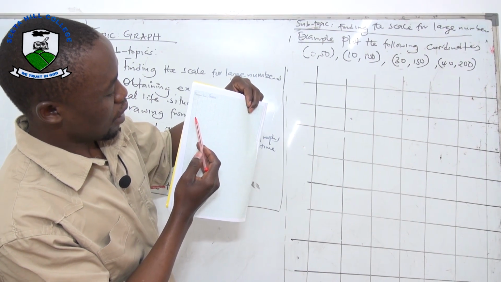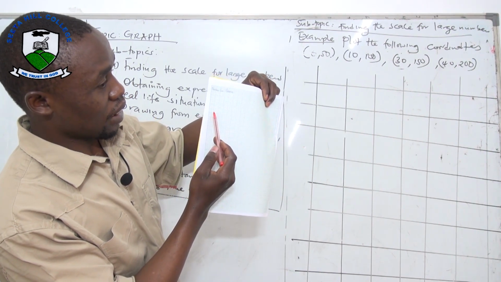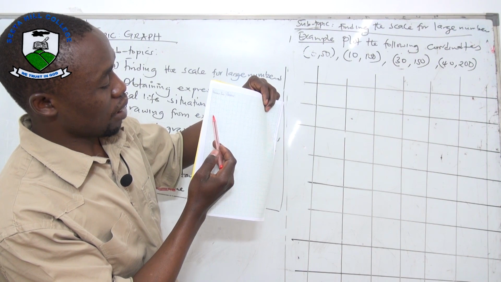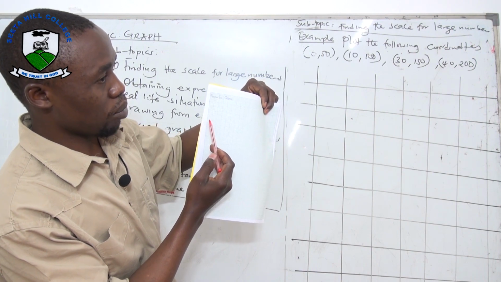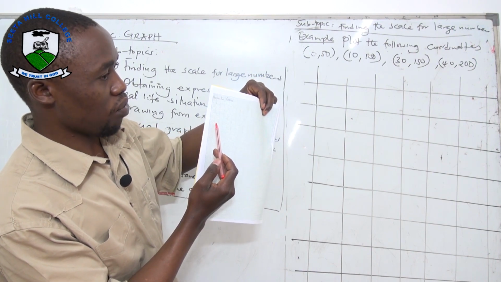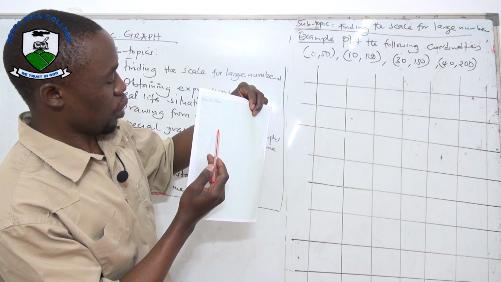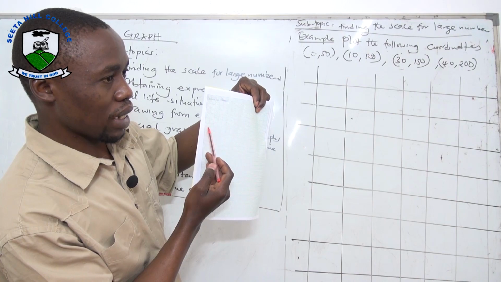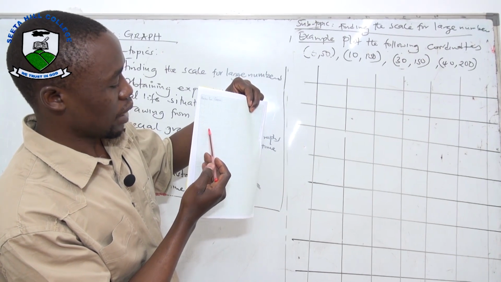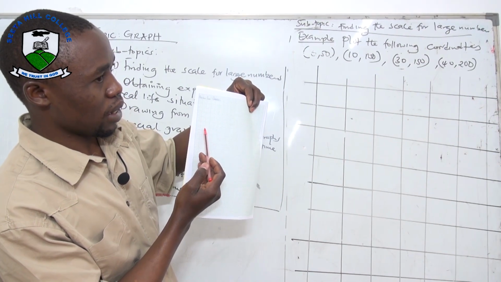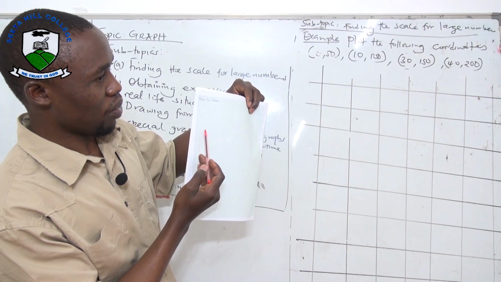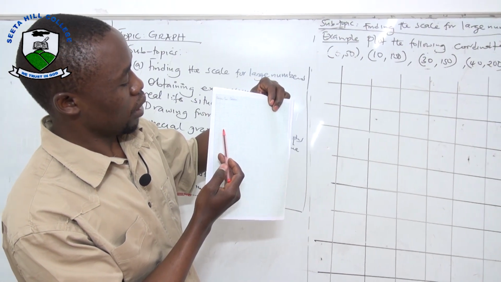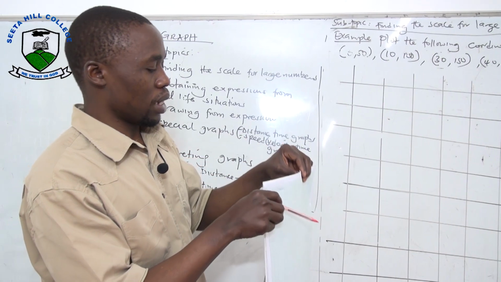You need to understand first that each 1 centimeter is divided into 5 small squares. Now, if you took 2 boxes, you are taking 2 centimeters. Is that very right? You are taking 2 centimeters.